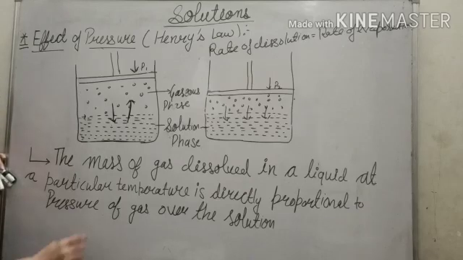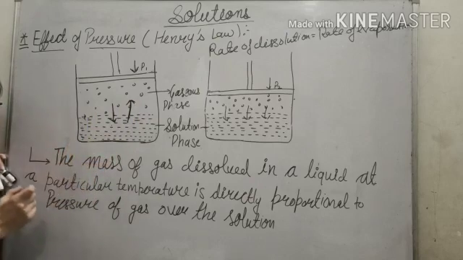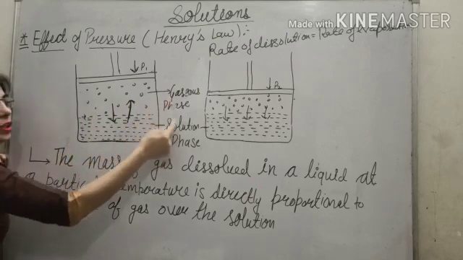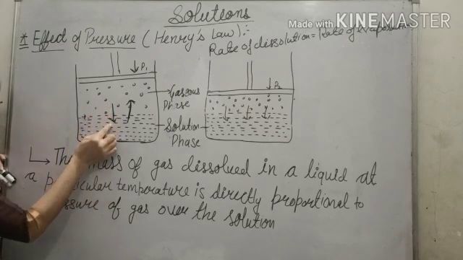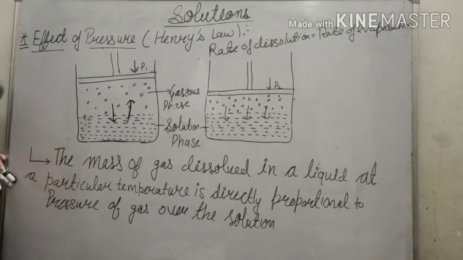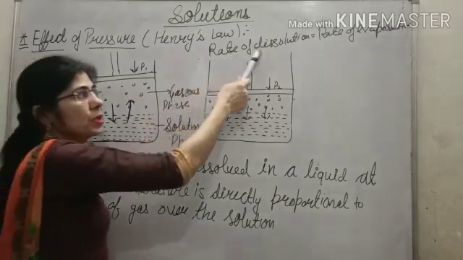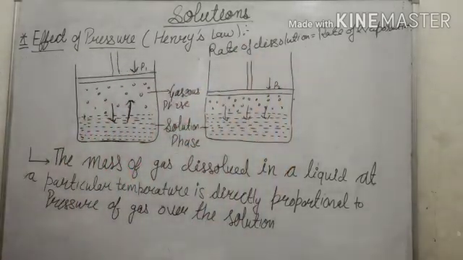Okay, and there is a dynamic equilibrium between these two phases, or we can say that the number of particles entering the solution or leaving the solution is the same, or that the rate of dissolution is equal to the rate of evaporation.